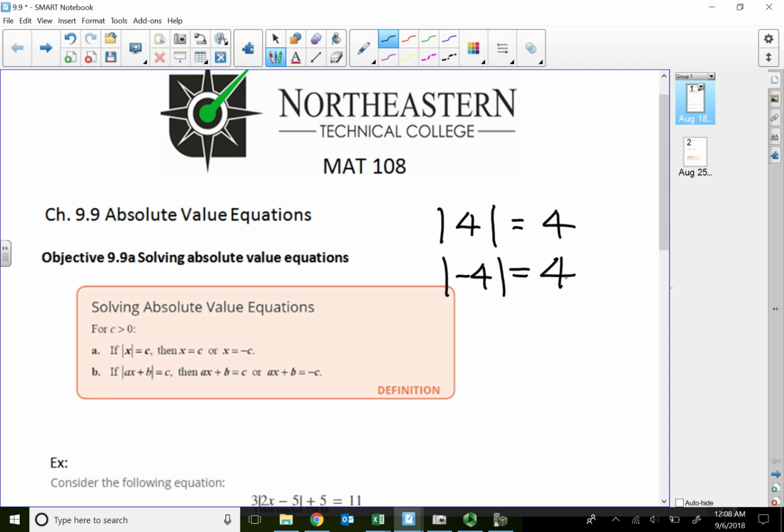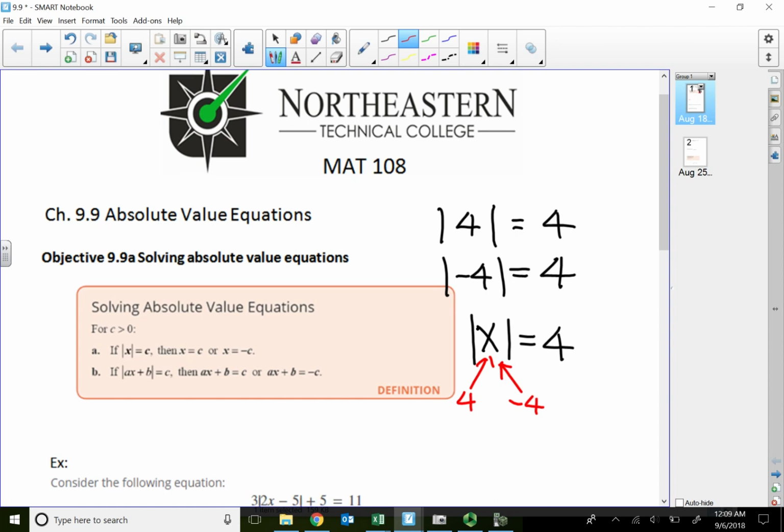So looking at this from a different point of view, if I have an x inside the absolute value that's equal to 4, then what can this x be? Well, this x can technically be a positive 4, or it can be a negative 4.